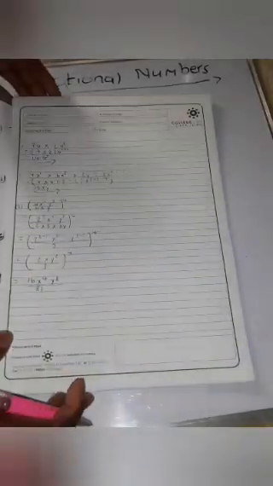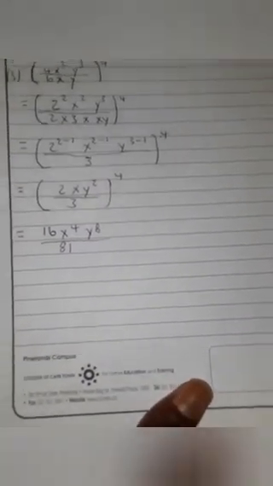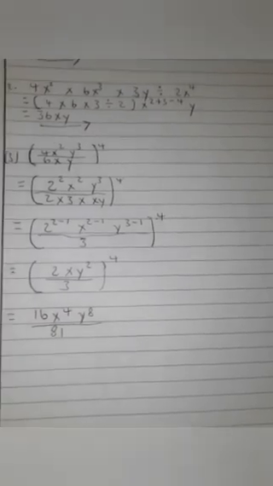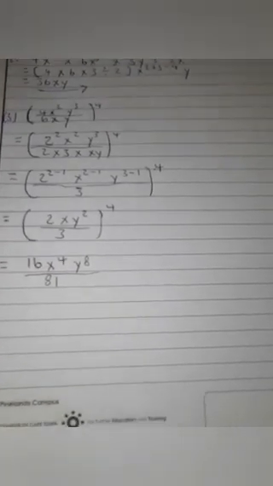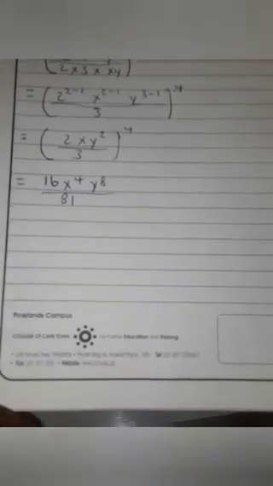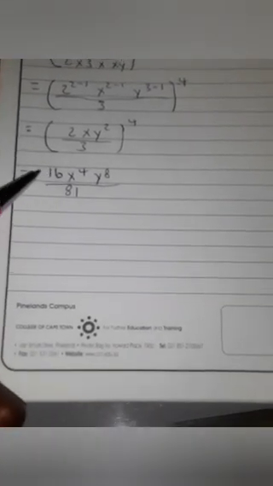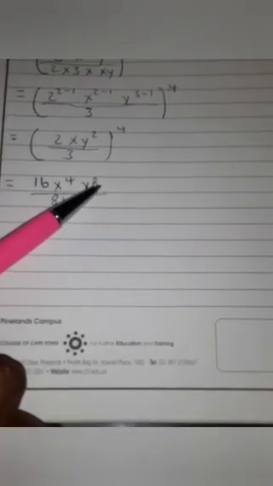Okay, let me show you. So the final answer is 16x to the power of 4y to the power of 8 divided by 81.